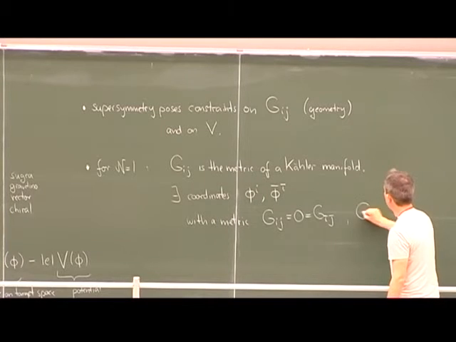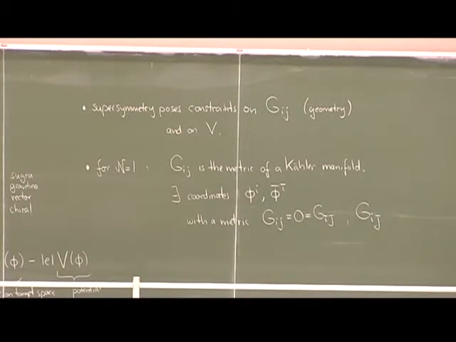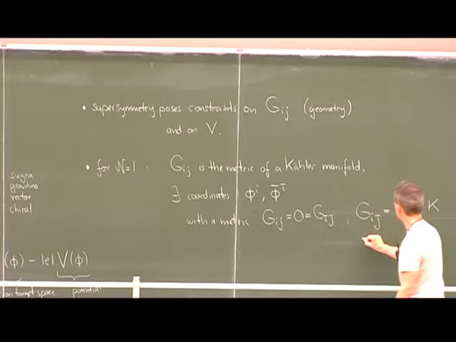And the off-diagonal block, Gi j bar, is of a very particular type. It's the double derivative of a real function, the so-called Kähler potential.